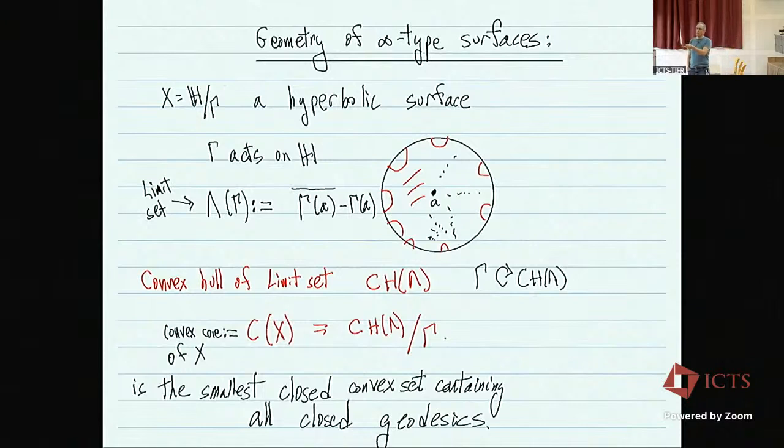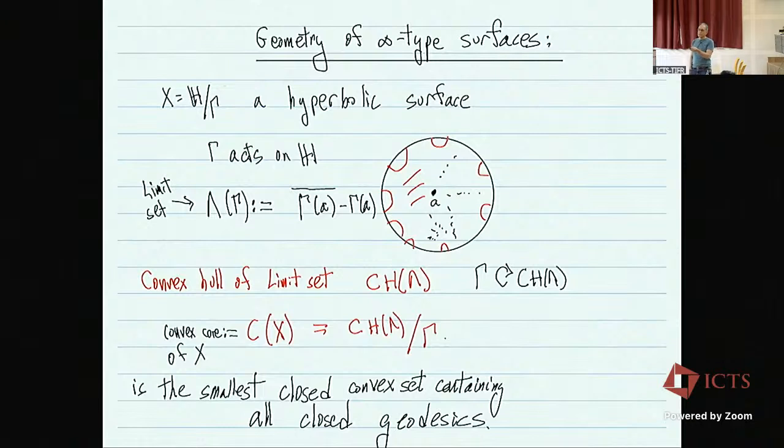If you fix a base point A, and you look at its orbit under gamma, that orbit will accumulate on the boundary. I'm assuming that pi1 of this surface is not abelian. So that means that gamma is not abelian and it's infinite, so we will have some accumulation. That accumulation set is what's called the limit set of the group. Okay?